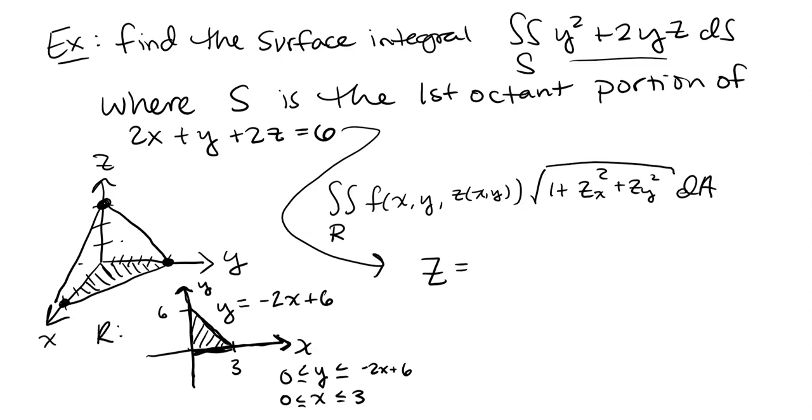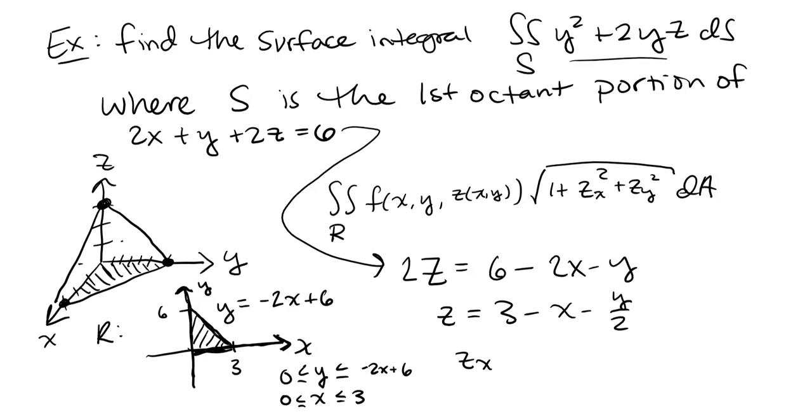If we solve for z, we have 2z equals 6 minus 2x minus y, so z equals 3 minus x minus y over 2. So this is our z function.